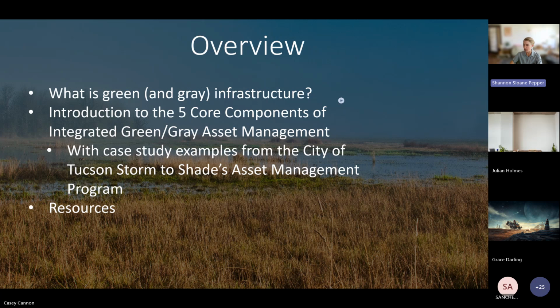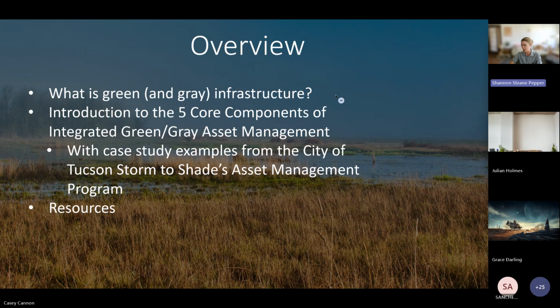So just a quick overview of what we'll go over today. What is green and gray infrastructure? Just to make sure that we're all on the same page about these words that we're throwing around. How would you describe the difference between green infrastructure and more traditional gray infrastructure? We're also going to go through an introduction to the 5 core components of what we call integrated green-gray asset management.